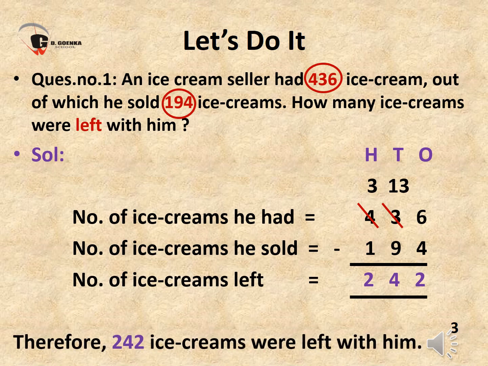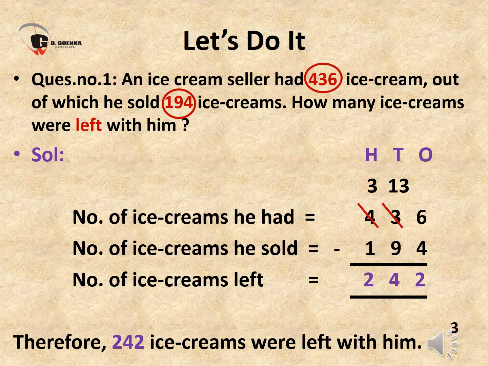Our first question is, an ice cream seller had 436 ice creams, out of which he sold 194 ice creams. How many ice creams were left with him? Let us read it one more time. An ice cream seller had 436 ice creams, out of which he sold 194 ice creams.